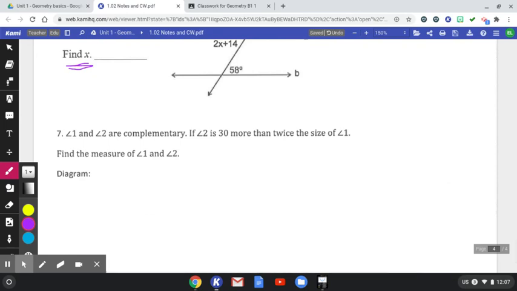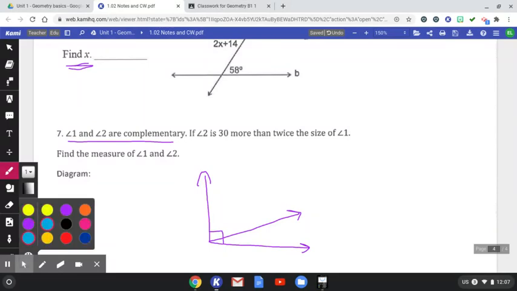And a diagram to help you with number 7 is that the angles are complementary. Remember, complementary from our last notes means they add to 90. So if I help you with the diagram here, we have a big right angle and then 2 other angles in there. Maybe one is this angle named angle 2.